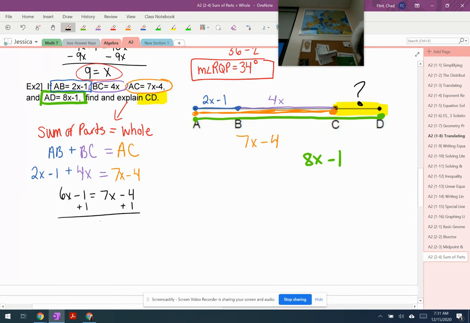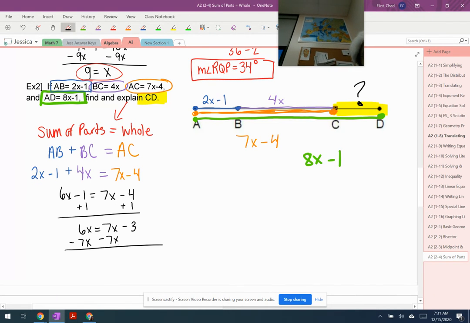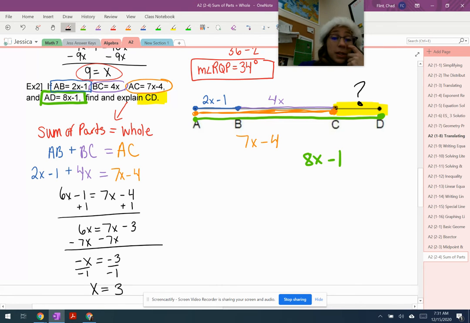Add 1, 6x is equal to 7x minus 3, minus 7x. Oh well, I went about this the hard way. Negative x is equal to negative 3. Divide by negative 1. x is equal to 3. You definitely could have gone about that an easier way, moving the 4 over and the 6x over instead of the 1 and the 7x.